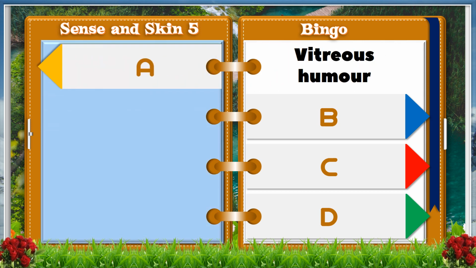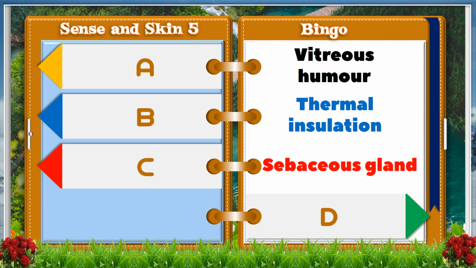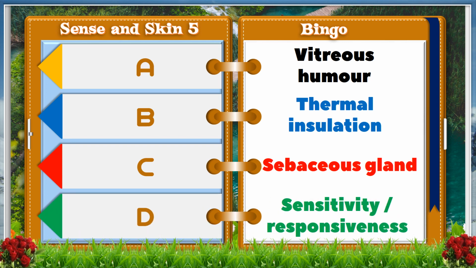A. Vitreous humor. B. Thermal insulation. C. Sebaceous gland. D. Sensitivity or responsiveness. And the answer is D. Sensitivity.